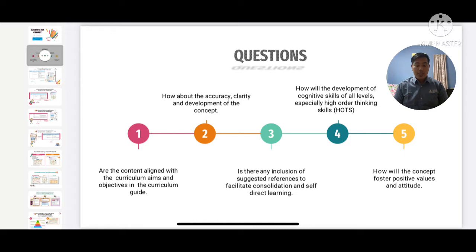The third is, is there any inclusion of suggested reference to facilitate consolidation and self-directed learning? Next is, how will the development of cognitive skill of all levels, especially high-order thinking skills, which is HOTS? And the last is, how will the concept foster positive values and attitude?